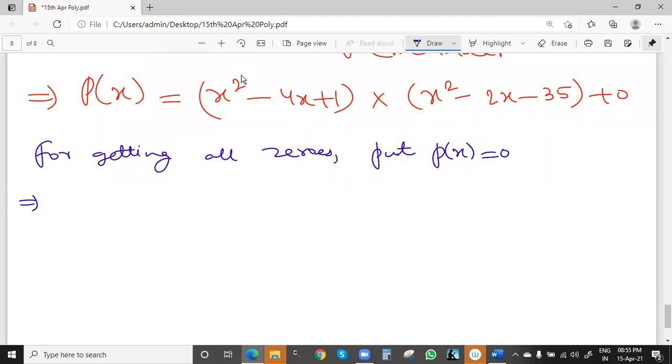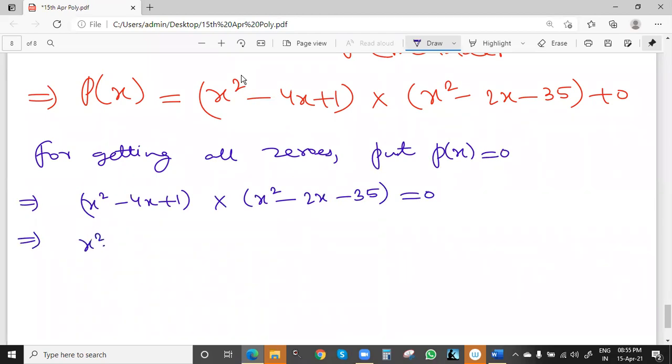So the equation becomes x square minus 4x plus 1 into x square minus 2x minus 35 equal to 0. So both are multiplied to give the 0 value. So we can write separately x square minus 4x plus 1 equal to 0, or x square minus 2x minus 35 equal to 0. So here we can use the quadratic formula also, or splitting the term.